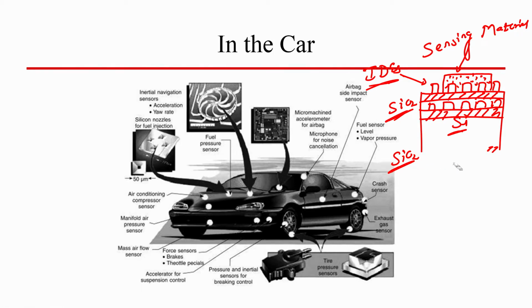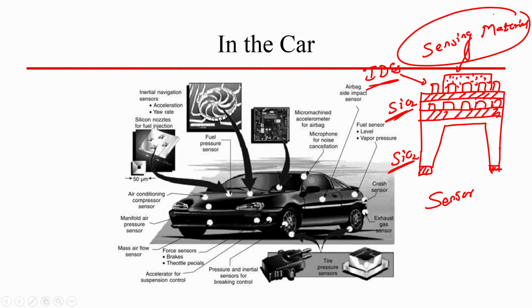Since you have a heater, you want to make sure that it heats at a lower temperature. For that, you can create a diaphragm, and this becomes your sensor. Depending on the sensing material, you can use this sensor for measuring the exhaust gases. So, this is a very quick example of how you can design a gas sensor.